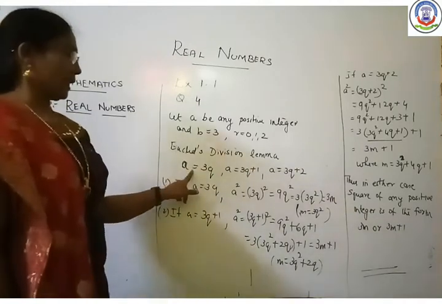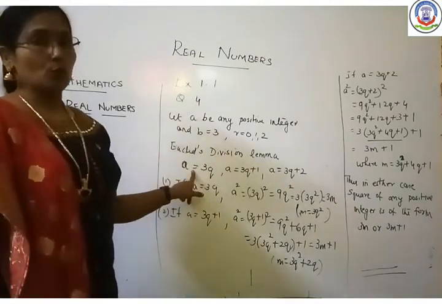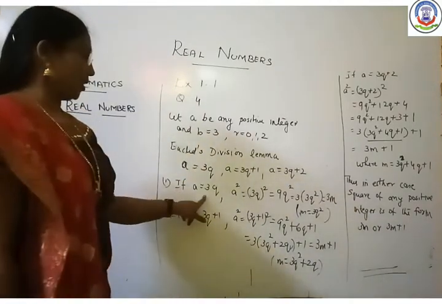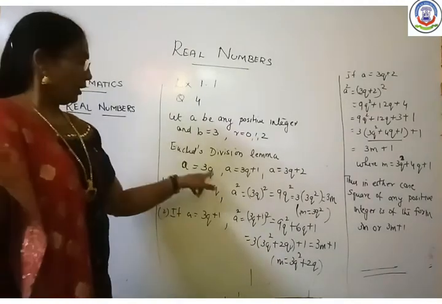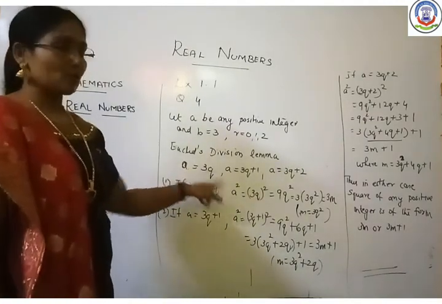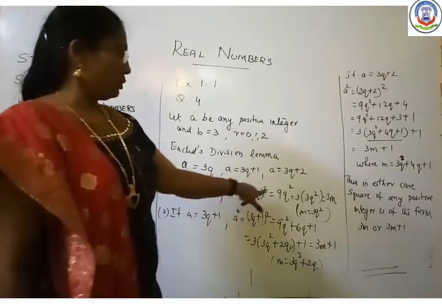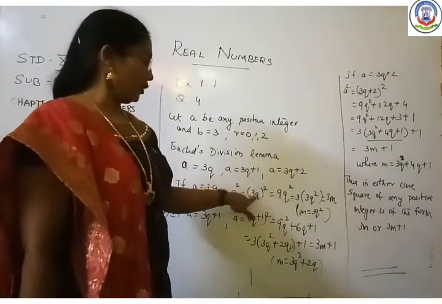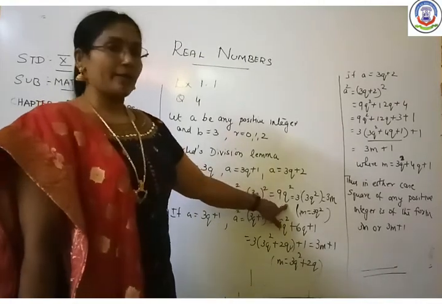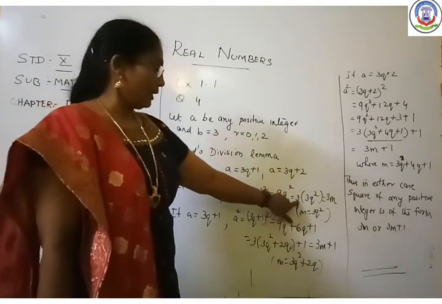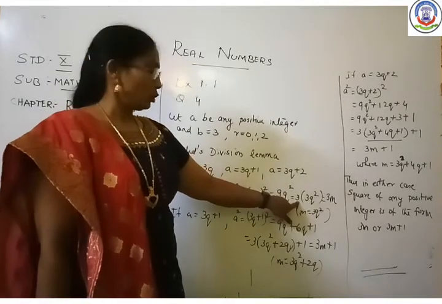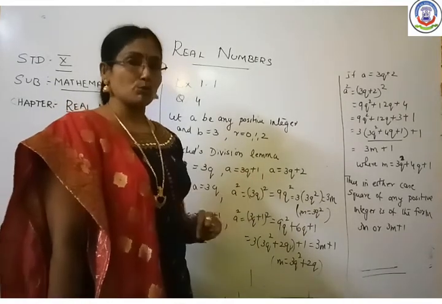Let us take the first case. What is the first case? a is equal to 3q. If a is equal to 3q, then what is the square of this one? a square will be equal to 3q the whole square. 3q the whole square means 3 square is 9, q square is q square. You will write 9q square. Here you can take one common factor 3 outside. You are going to get 3 into 3q square.